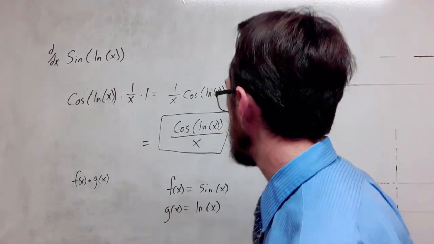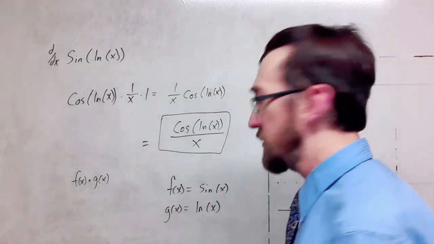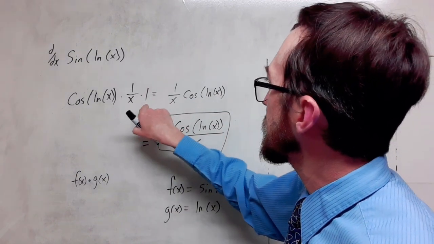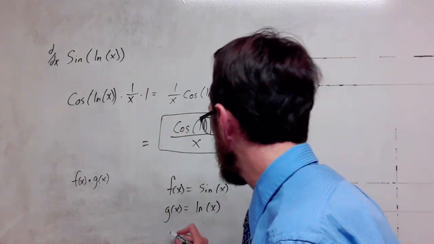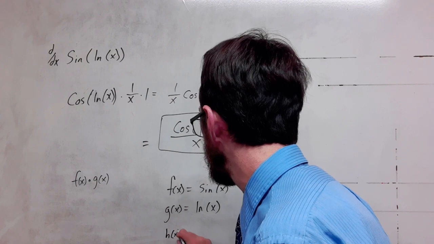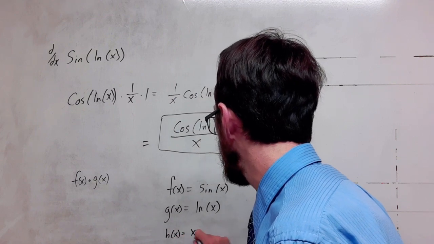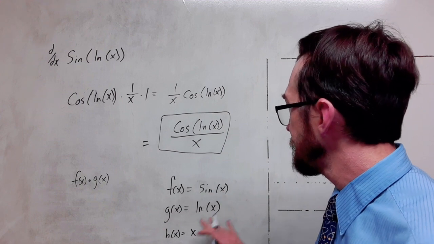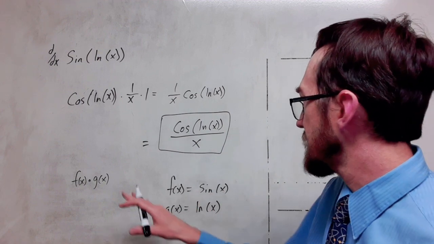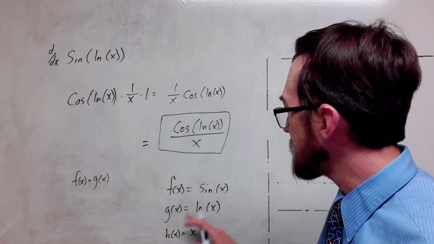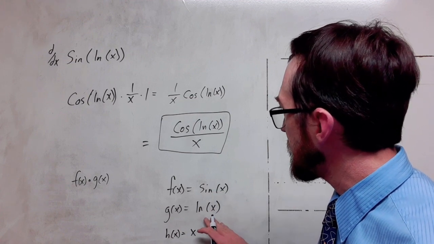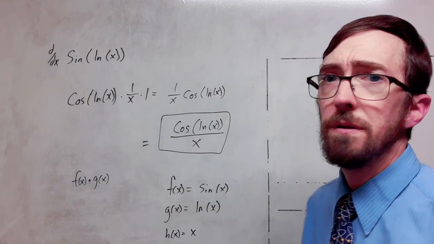That gives us this here. And then again, we could look at x. If you want to make sure that you're taking that into account, we took the derivative here. We could say that h of x is just x. So we could also look at this as a composition of these three functions. The x can be composed into here, which is composed into here.